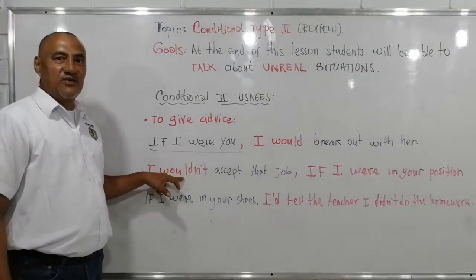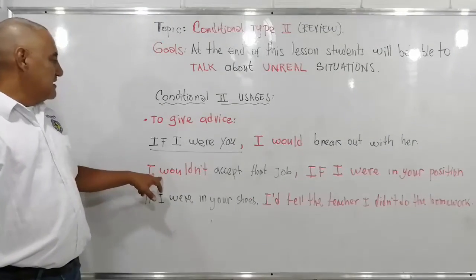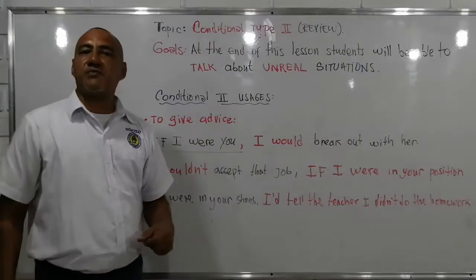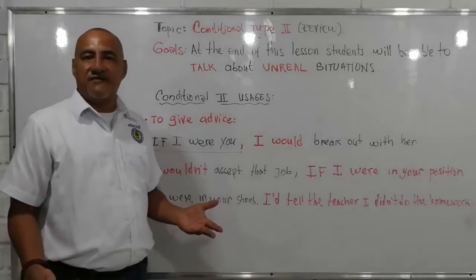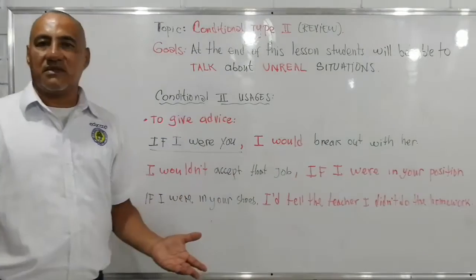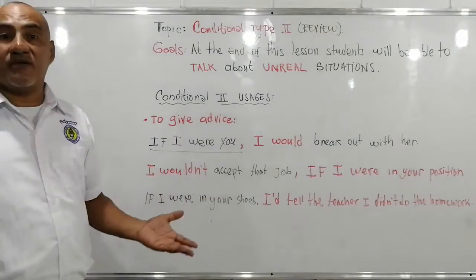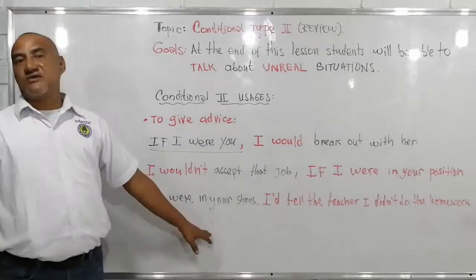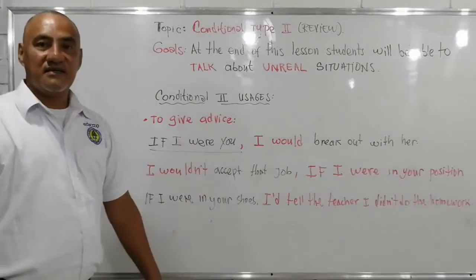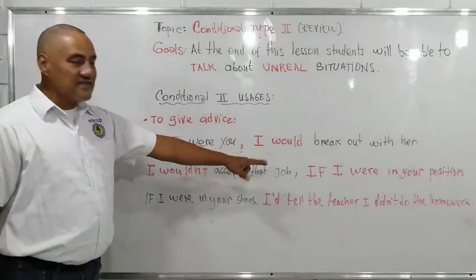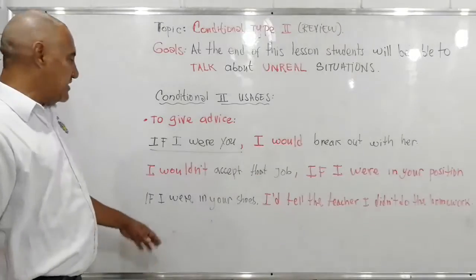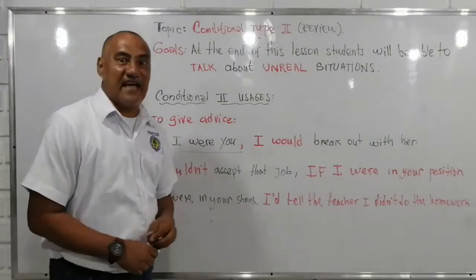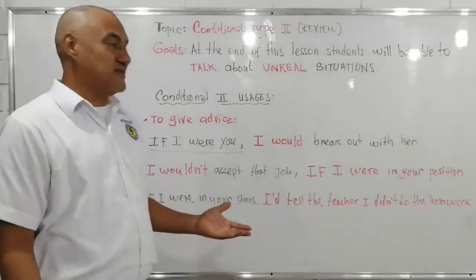So, there is another way to use this. I wouldn't accept that job. No aceptaría ese trabajo. If I were in your position. It's the same. I wouldn't accept that job if I were you. Right? And finally, if I were in your shoes, which is the same as the two before, I'd tell the teacher I haven't done the homework, or I didn't do the homework.